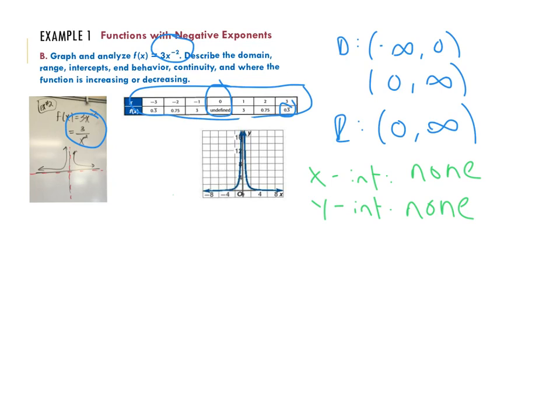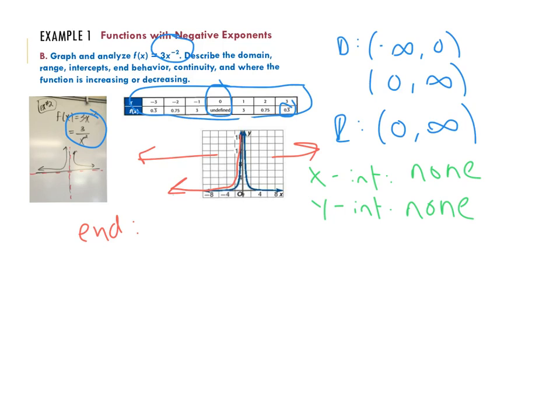Let's take a look at end behavior. I'm just going to write end. Remember, when we're looking at end behavior, we're looking at the outsides of the function. So if you look at this function, as it goes further and further left, what's happening to your y value? Well, it looks like it's approaching 0, but it's never actually going to touch 0.